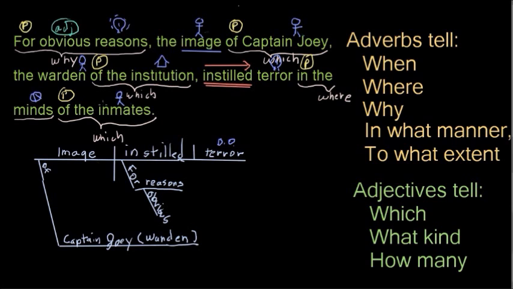Our next prepositional phrase is modifying warden. Warden of what? Warden of institution. So this is modifying a noun. In this case, the noun is warden. And of course, we need to add our article, the.